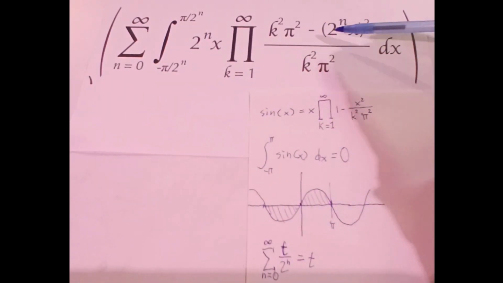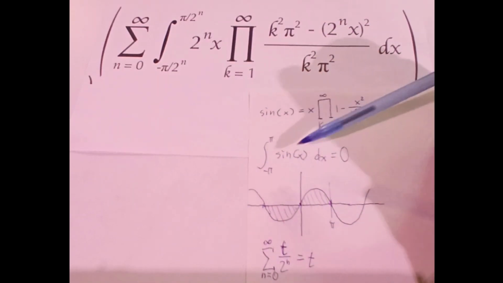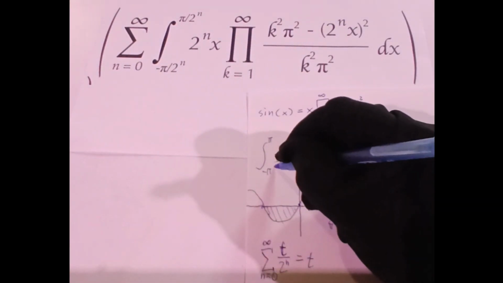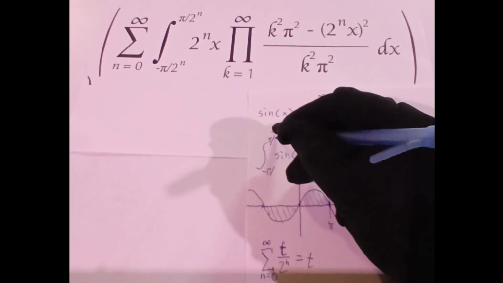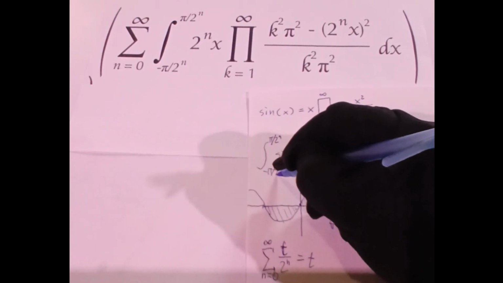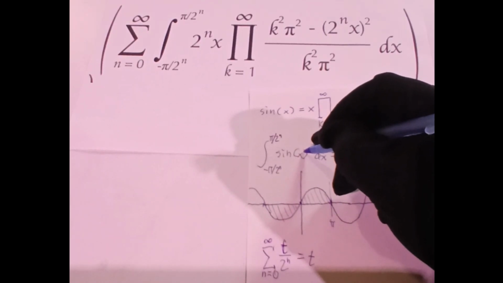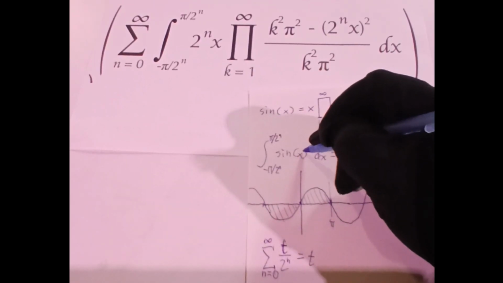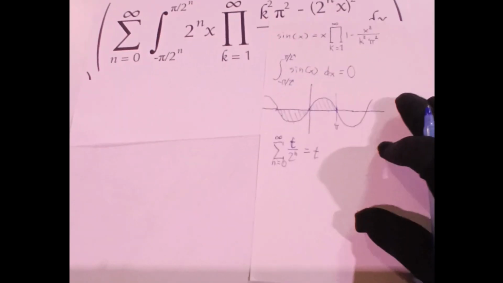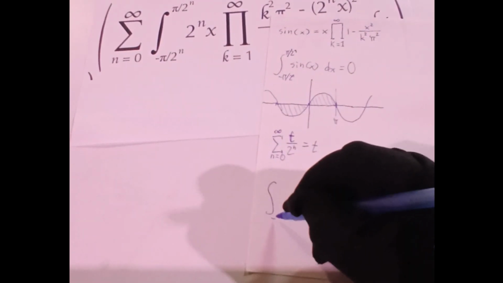and incorporated it inside of this integral here. So what happens now is that we divide each term by 2 to the nth, and we also multiply the inside here. So we have this type of thing.